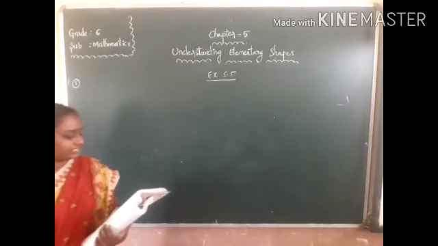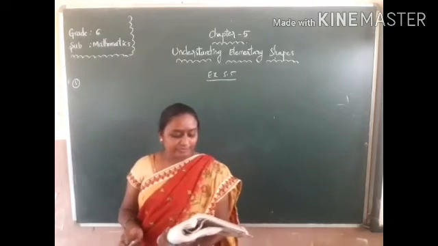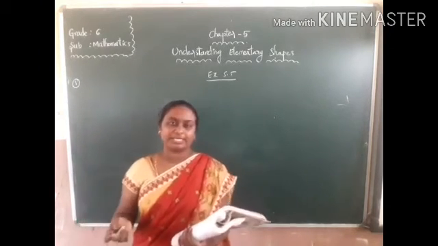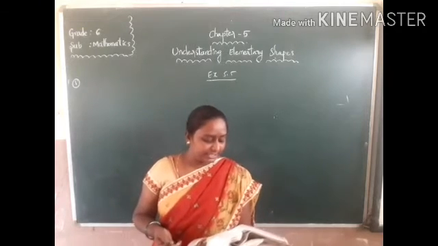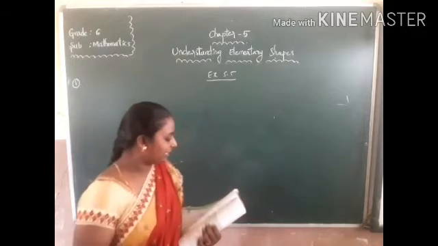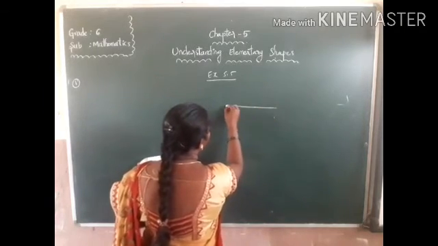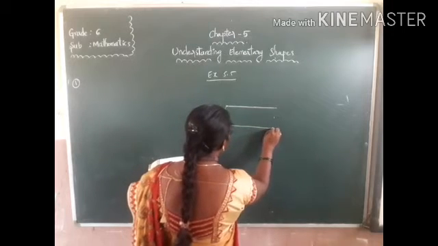Okay children, so first one, this one you write in the notebook only. Which of the following are models for perpendicular lines? First one, the adjacent edges of a tabletop. See the tabletop, adjacent edges.